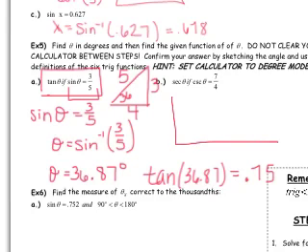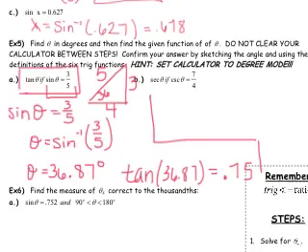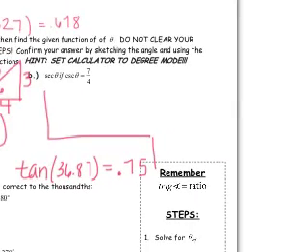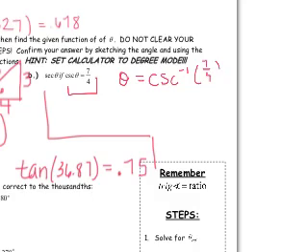All right, so let me do that one more time. If cosecant of theta is 7/4, that means theta is equal to cosecant inverse 7/4, which is equal to sine inverse of 4/7, which is 34.85 degrees.